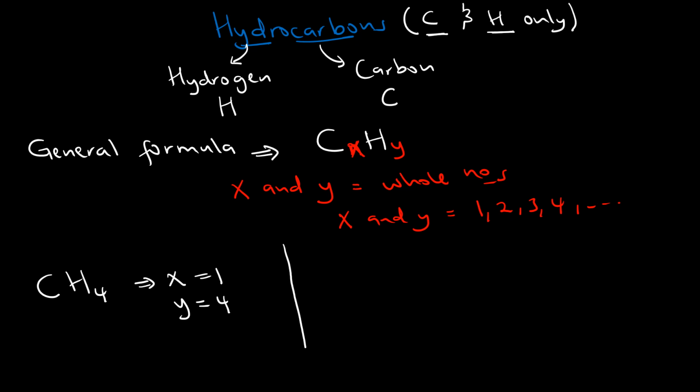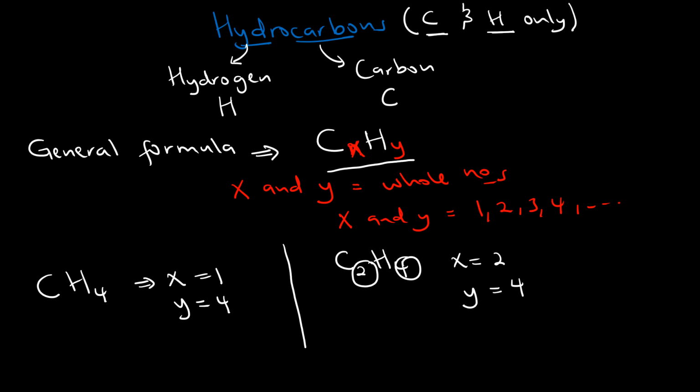We can also have something like C2H4, and that means our X in this case will be this 2 and our Y will be this 4. So this is the general formula for all hydrocarbons, CxHy, where X and Y are subscripts and they are whole numbers.